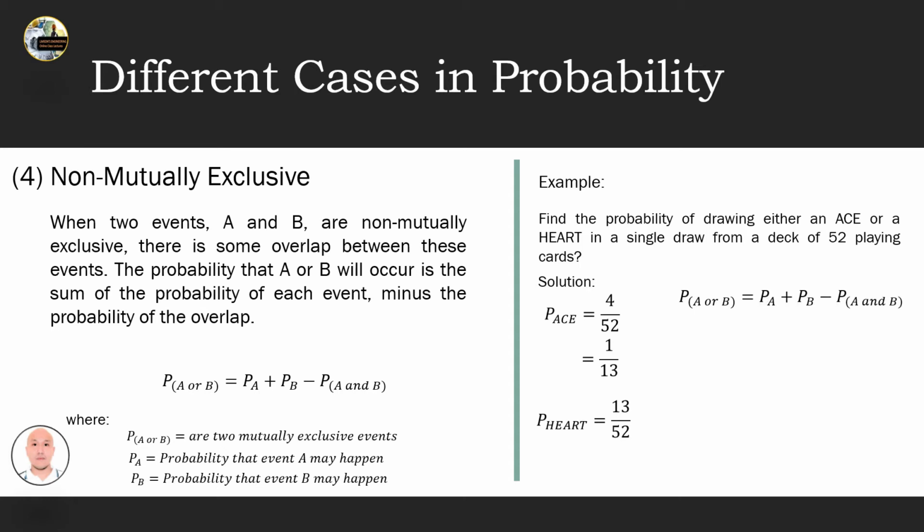P(A or B) is equal to P(A) plus P(B) minus P(A and B). Using this formula, P(ace) is 4 over 52, P(heart) is 13 over 52, and P(A and B) is 1 over 52. Then P(ace or heart) is equal to 4 over 13.